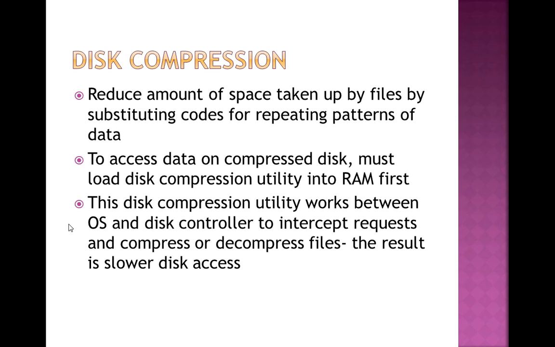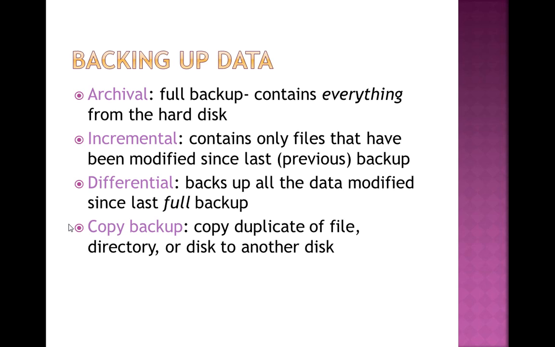That is your disk compression. Next point says, to access the data on the compressed disk, you must load the disk compression utility into RAM first. This compression utility works between the OS and the disk controller, to intercept the requests and compress or decompress the files.